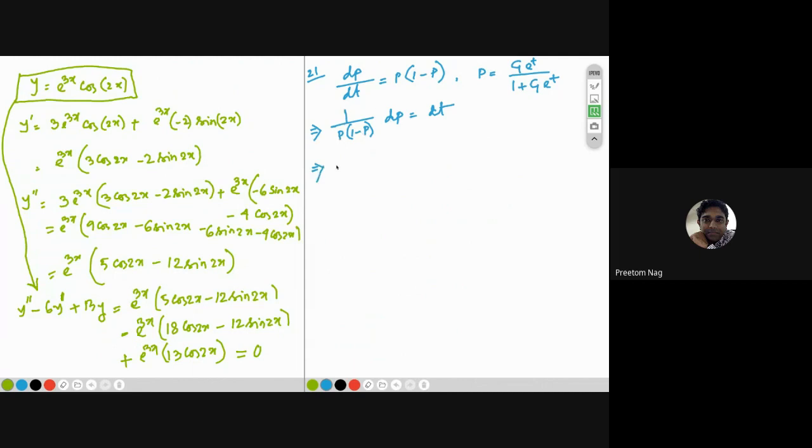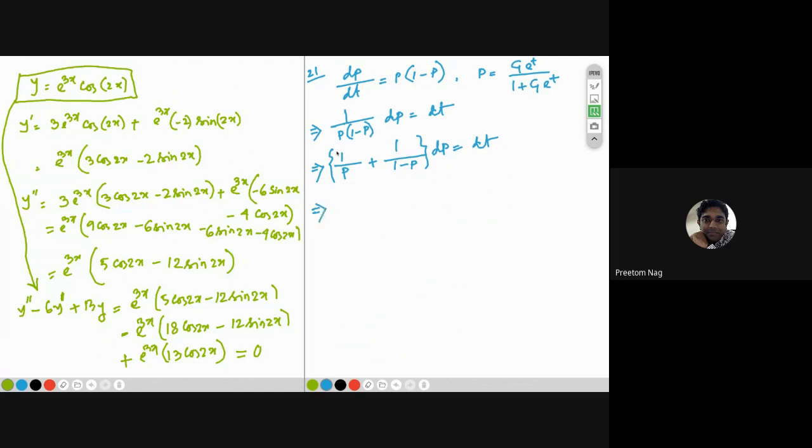If we do partial fractions, with p and 1 minus p, which is basically a Math 130 concept, then 1 minus p plus p, 1 and 1 cancel, and you will have this one exactly. Which is dp equals dt.